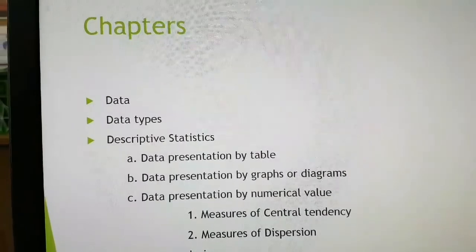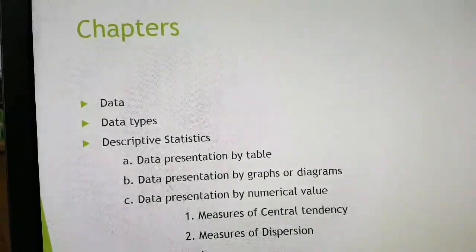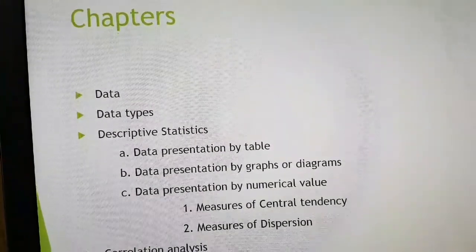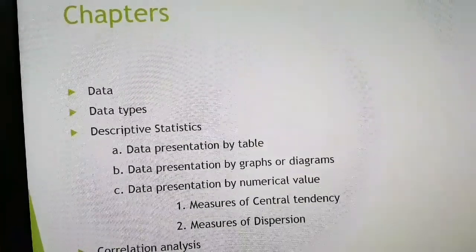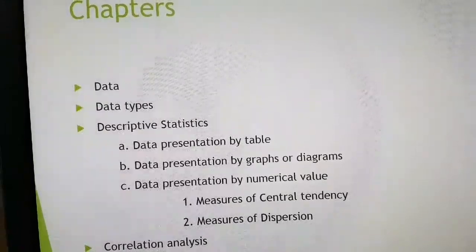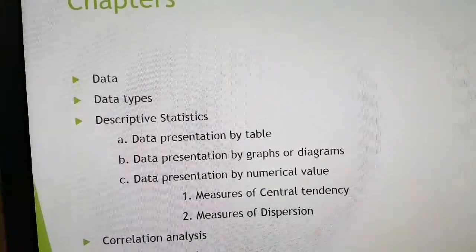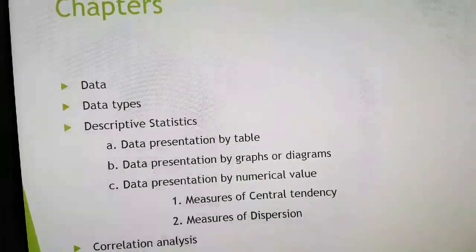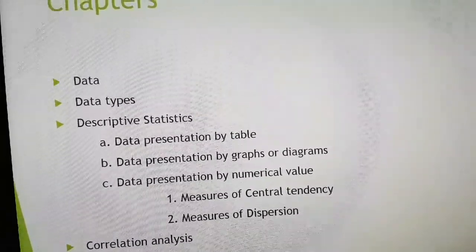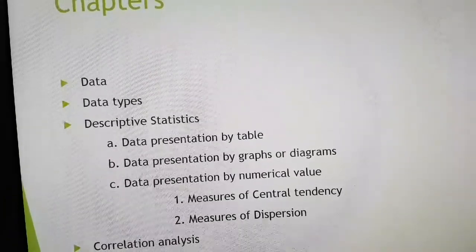Okay, this is the list of chapters as per the CPHQ curriculum, I mean the Certified Professional in Healthcare Quality. This is only under statistics. The first one is data, introduction about data, and the second one is data types. Then descriptive statistics.